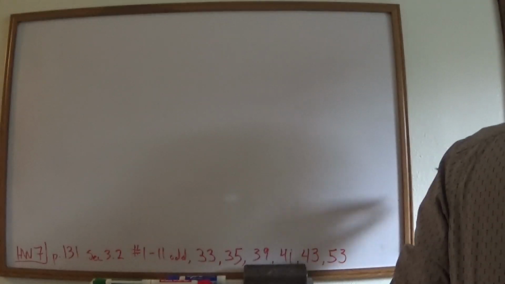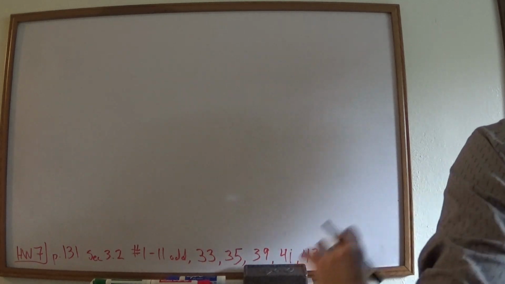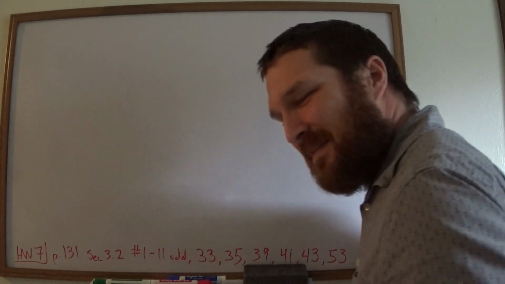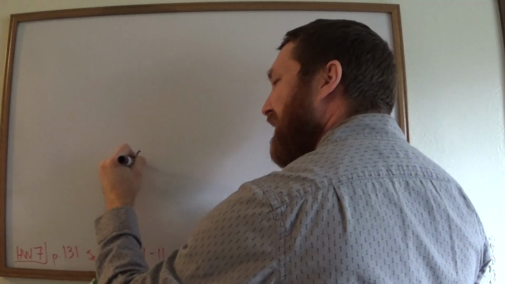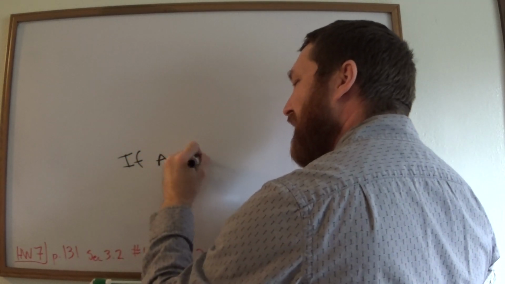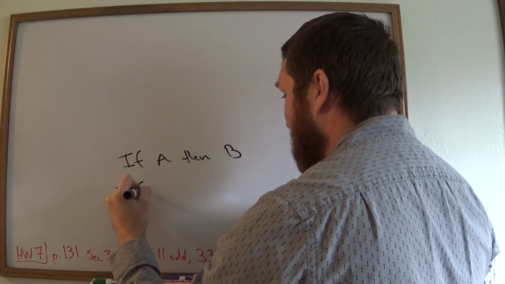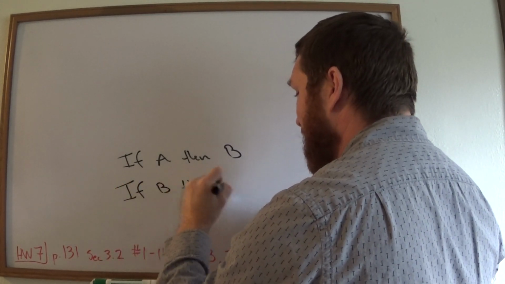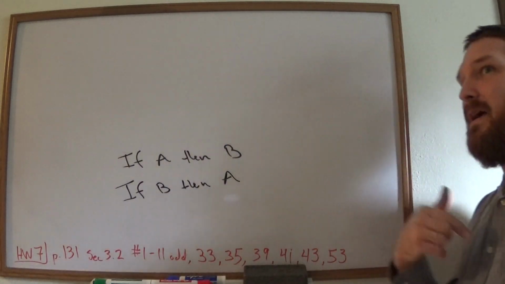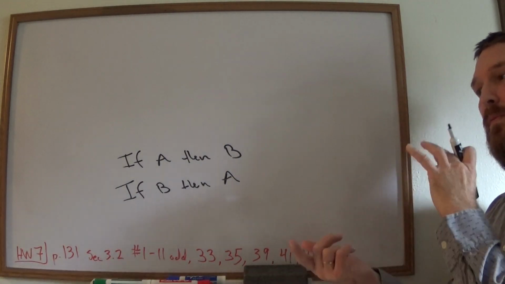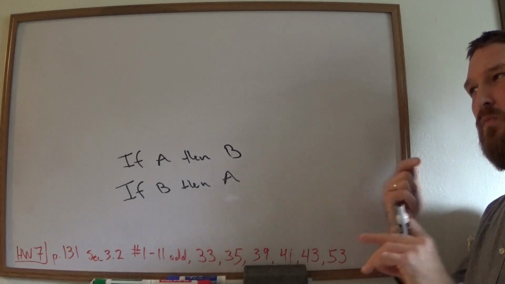So can you be differentiable and not continuous? Just think about what I'm saying. If A, then B, that doesn't necessarily mean if B, then A. So now we're asking, does this work the other way too? Or which way does it work?